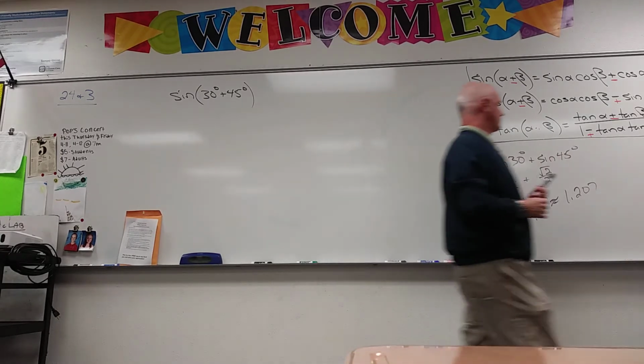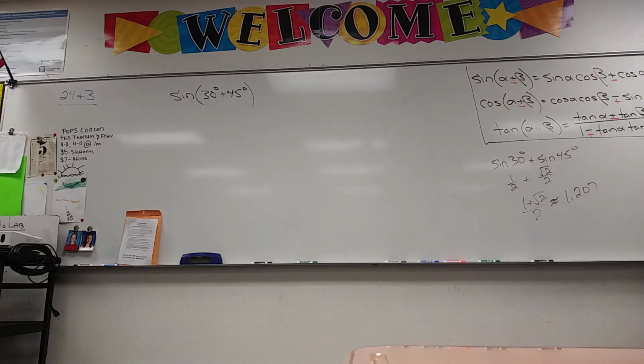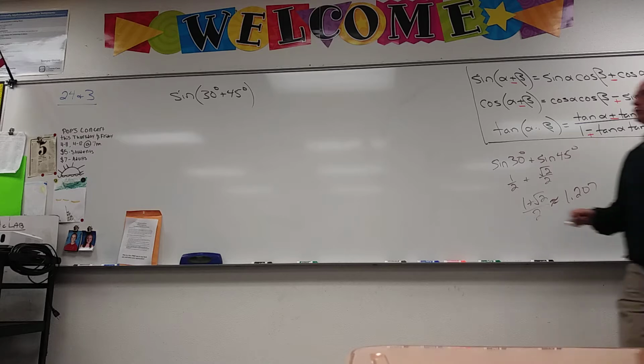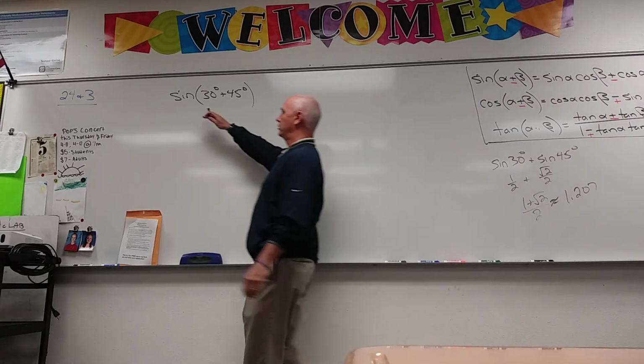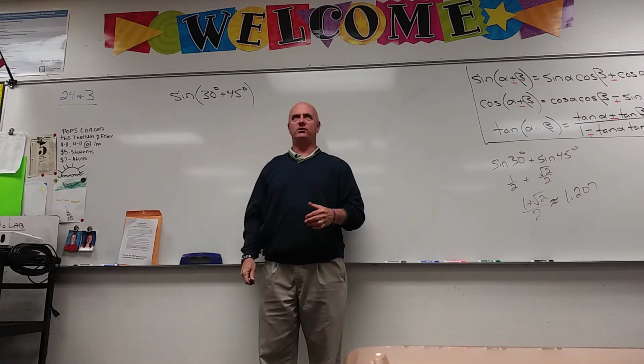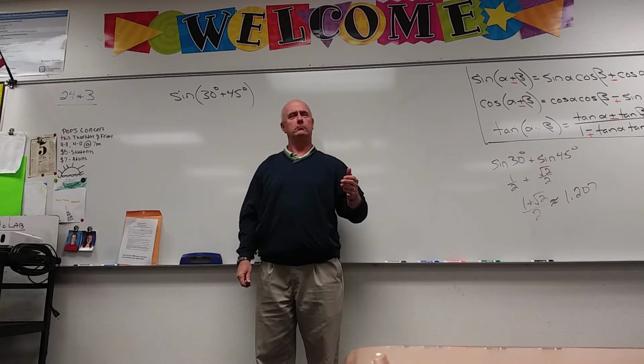So, therefore, would it be fair to say that the sine of 75 degrees cannot possibly be the sine of 30 degrees plus the sine of 45 degrees? Okay. And it will never be anything like that. It'll never work that way. Trig functions are not distributable.